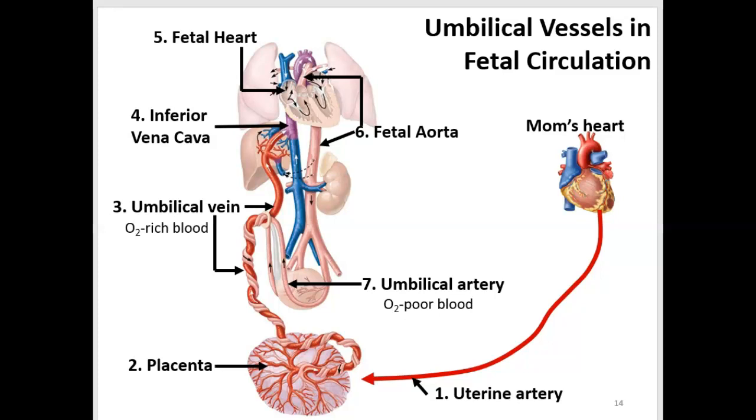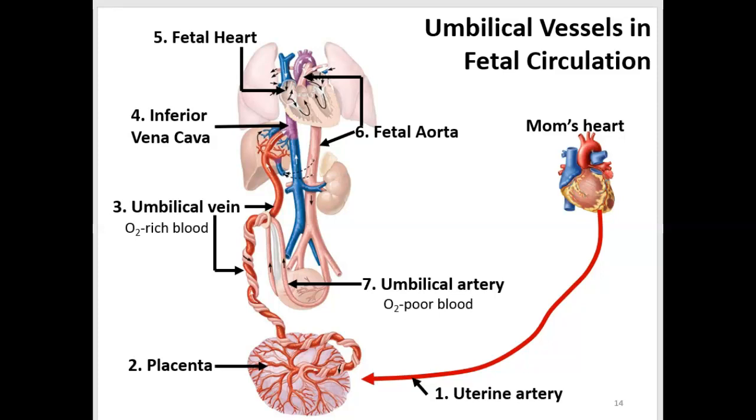The uterine artery supplies the placenta with nutrient-rich oxygenated blood. From the placenta, which is labeled number 2, oxygen-rich blood is carried to the fetus in the umbilical vein, labeled number 3. This umbilical vein is shown in the diagram as a red vessel because it still carries oxygenated blood.